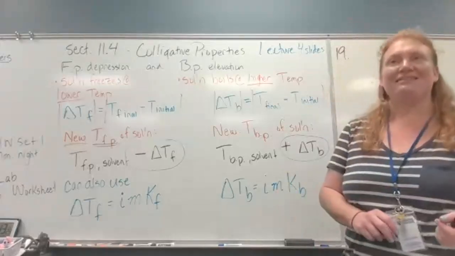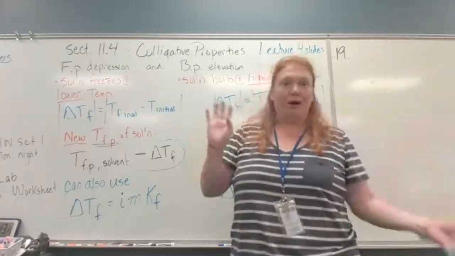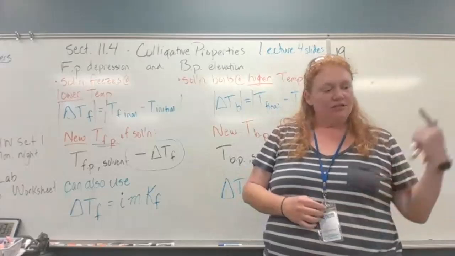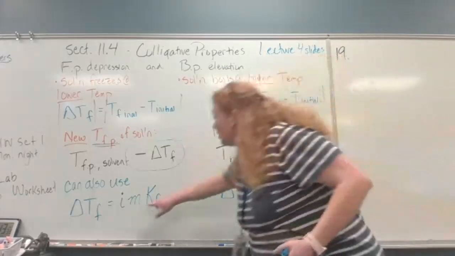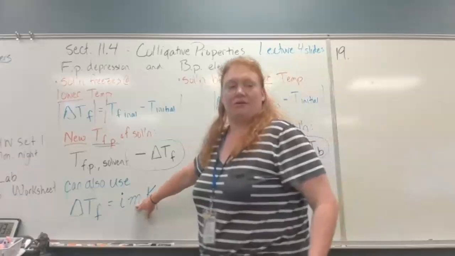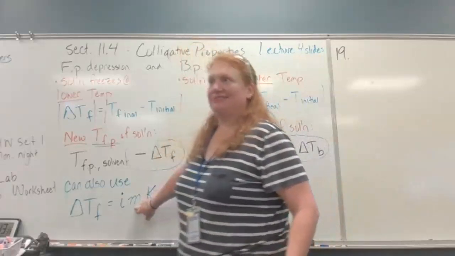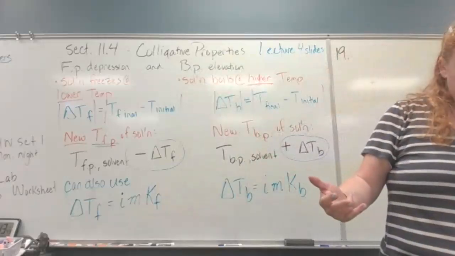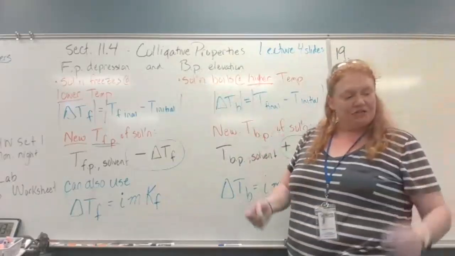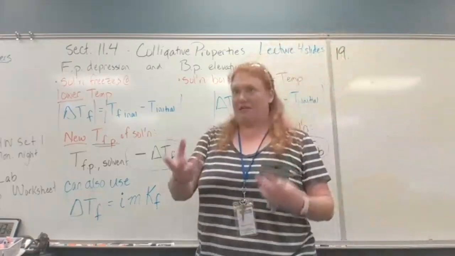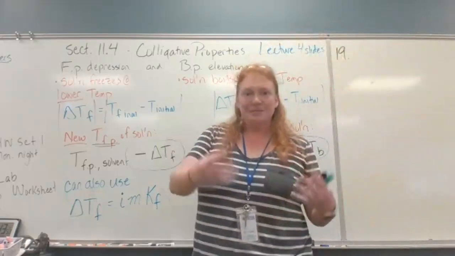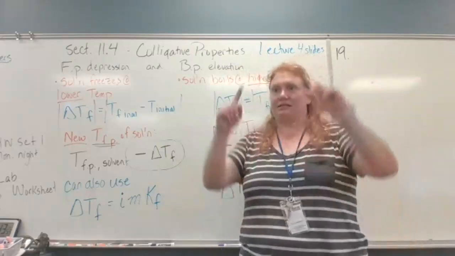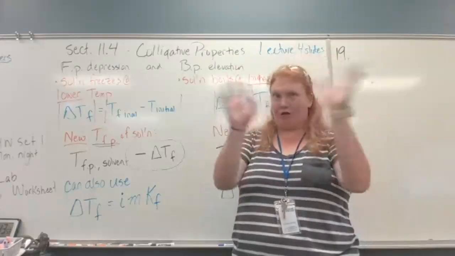Now, when you read 19, how do you know that this is a colligative property problem? What is the boiling point of a molal solution? Guys, this is the only time we're using molality. If it's molality, it's one of these. Of a non-volatile solute. I said before the break, non-volatile can mean it doesn't have a vapor pressure.